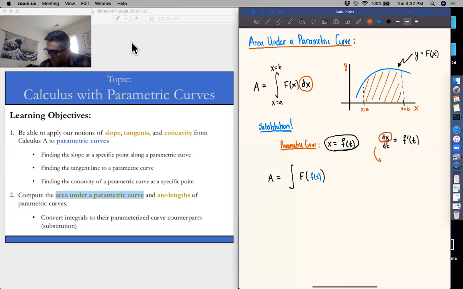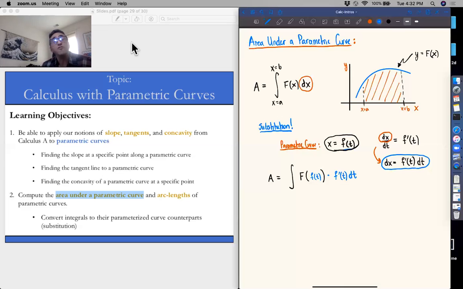So if we solve for dx, what we find is dx is equal to f prime of t dt. And we're actually going to be able to move this directly into the integral now. So we'll actually have capital F of little f of t times what we found coming from this derivative through this substitution, f prime of little t times dt.